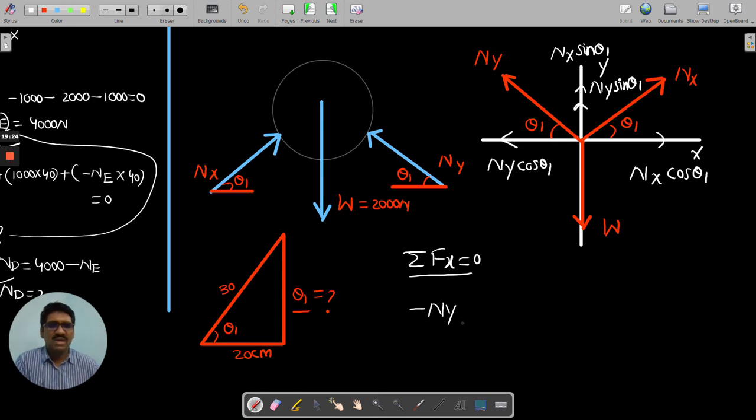Perfect. Okay, so minus Ny cos theta 1 plus Nx cos theta 1. You know very well, all of you. Left I am taking negative, right I am taking positive, all of you. Okay, is equal to 0. Now I am going for summation of Fy is equal to 0.